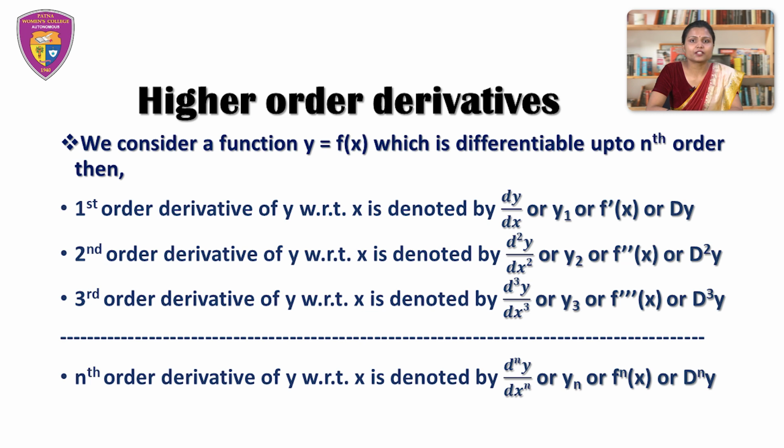Similarly, third order derivative is denoted by y3. Similarly, we can find the derivative of the given function up to nth order, and so the nth order derivative of y with respect to x is denoted by yn or f^n(x).